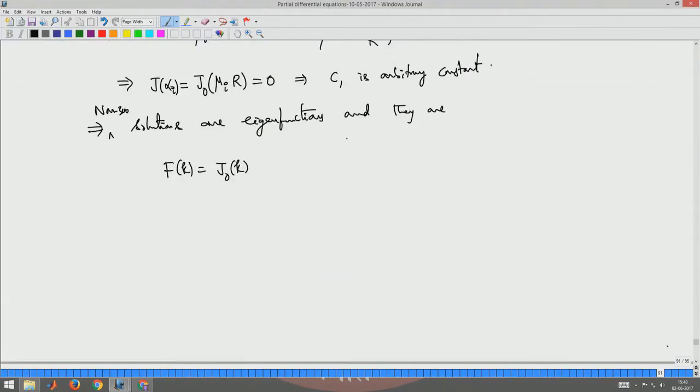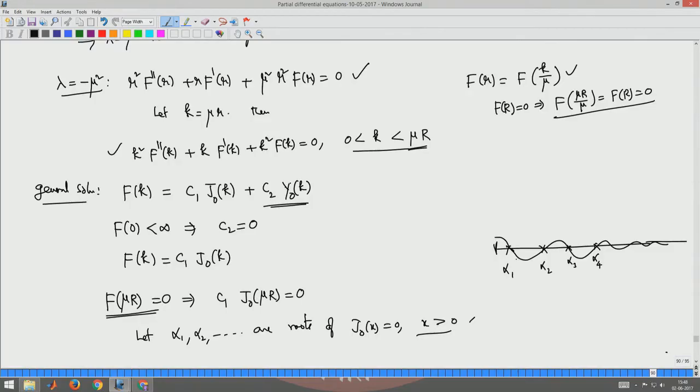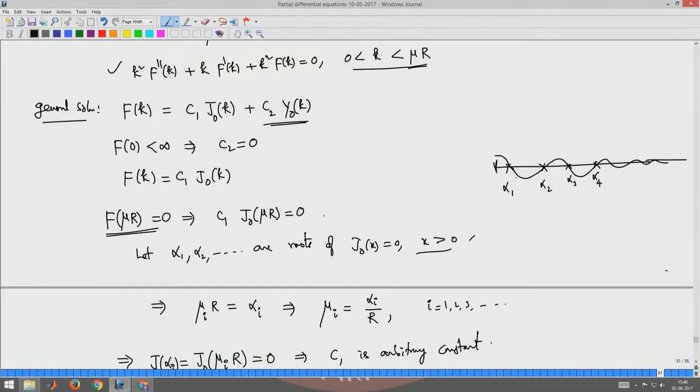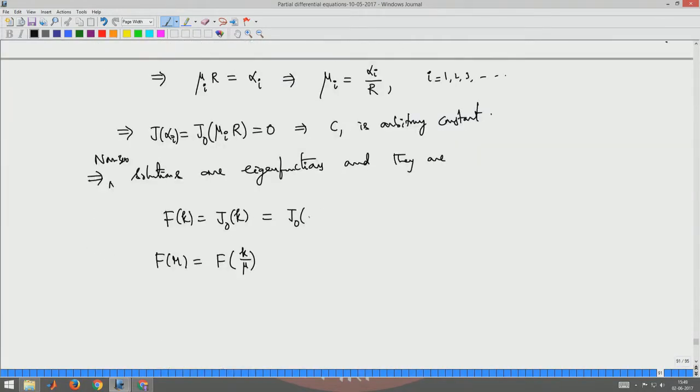So, f of R is f of k equal to k by mu, where J0 of k is J0 of mu into R. So, these are the solutions.